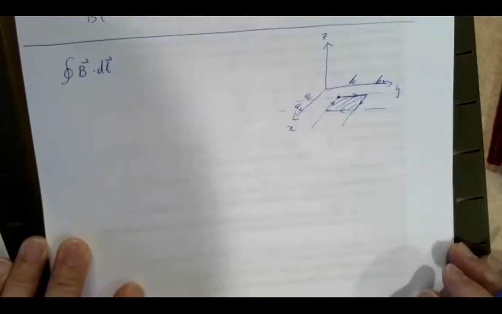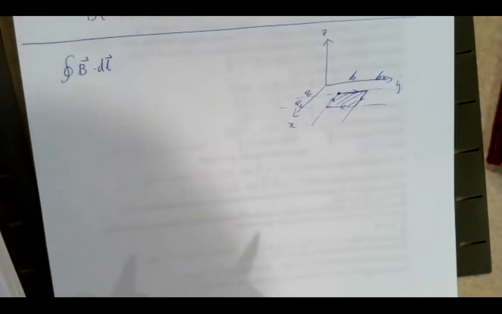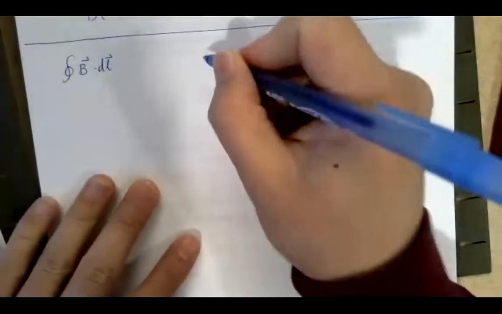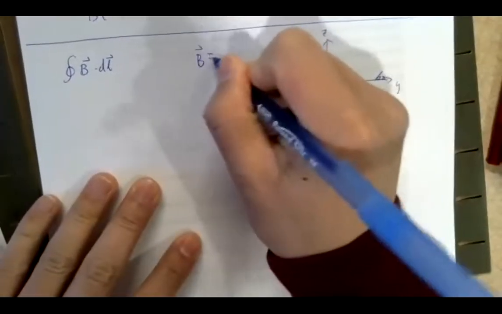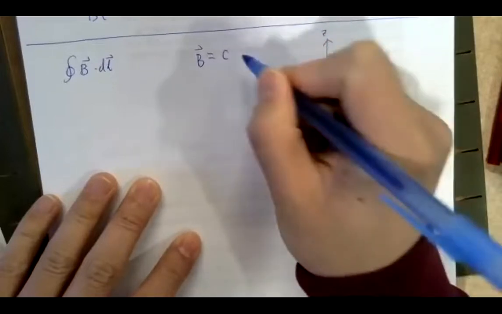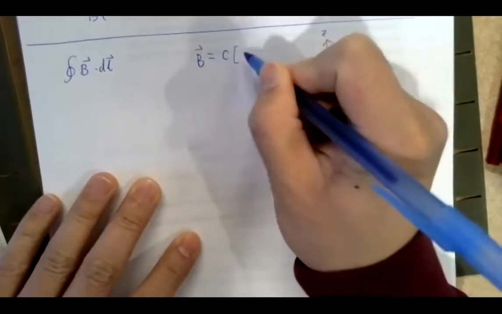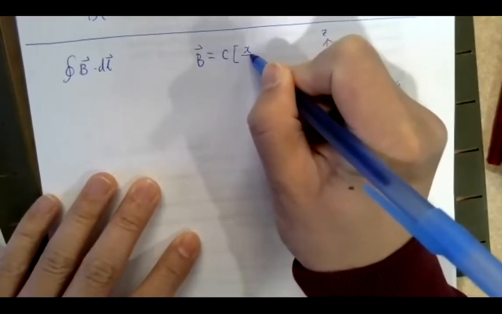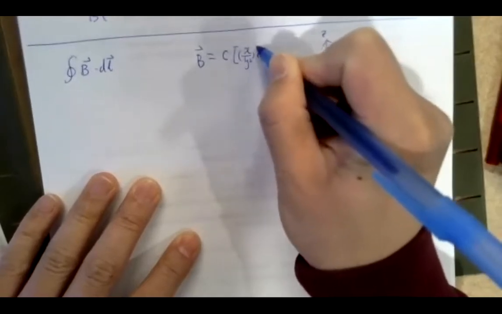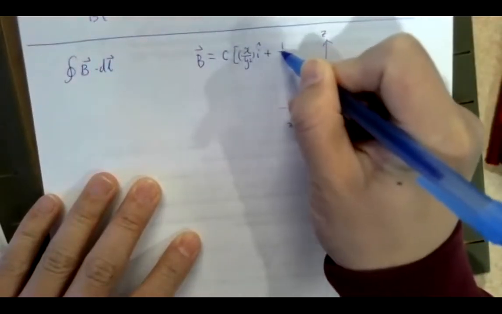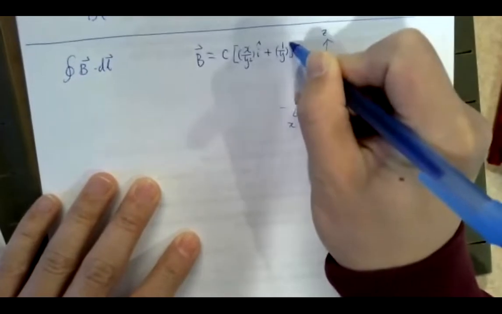And it has a B field. The B field is written as B equals C, a given constant, times x over y squared in the i direction plus 1 over y in the j direction.